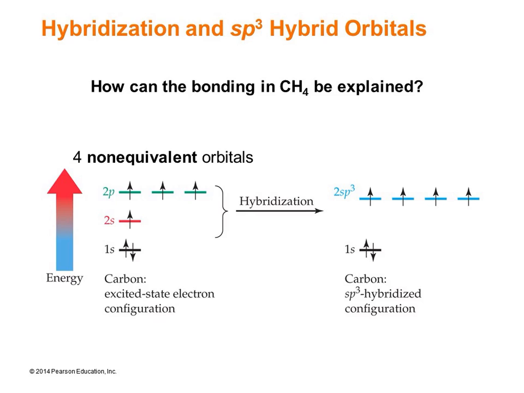When carbon bonds, it takes its 4 valence electrons and distributes them between its 4 valence orbitals. There are the 4 valence orbitals. It has taken those 4 valence electrons and placed 1 electron in each one of its 4 orbitals.